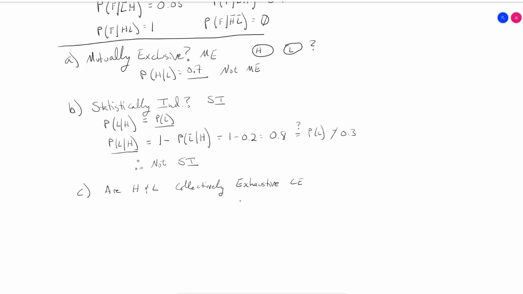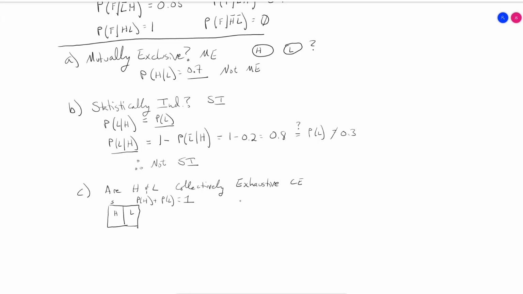What that means is, if we were to have a sample space, do H and L comprise the entire sample space? So the probability of H plus the probability of L should equal 1 if they're collectively exhaustive. We already know they're not mutually exclusive, so there's some overlap, but are they collectively exhaustive?